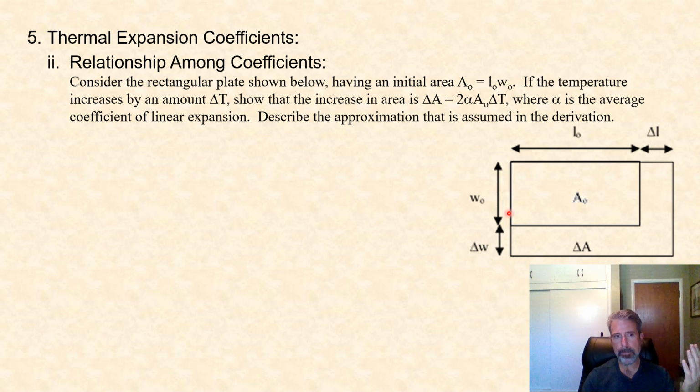And we're told that if the temperature increases by an amount delta T, we want to show that the increase in area, that would be this L-shaped strip here, the change in area, would be given by this expression, 2 times the coefficient of linear expansion times the initial area times delta T.